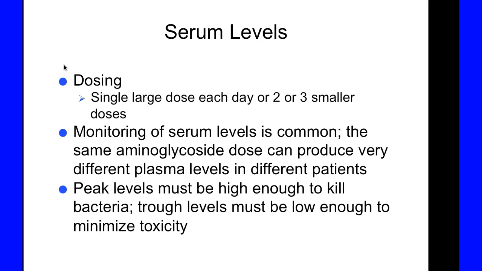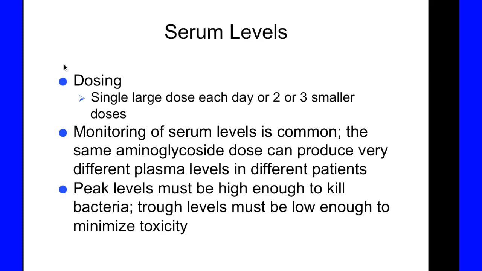Okay, dosing. It's usually a single large dose every day, or they can do 2 to 3 smaller doses. It just depends how it's worked out with the pharmacy. Usually the pharmacy and the physician work together on this. You'll have the lab come up and draw the blood to do a gent trough or a vanco trough.